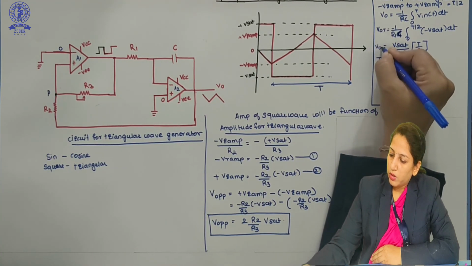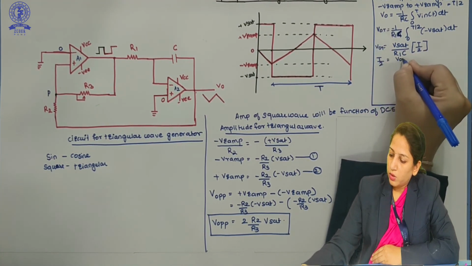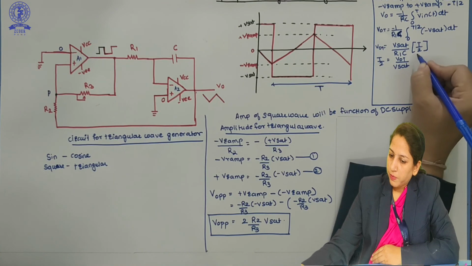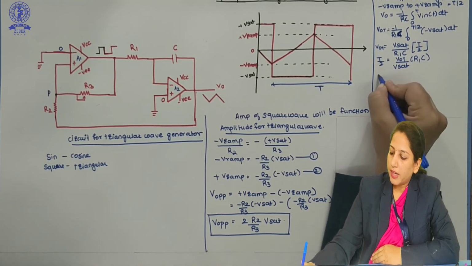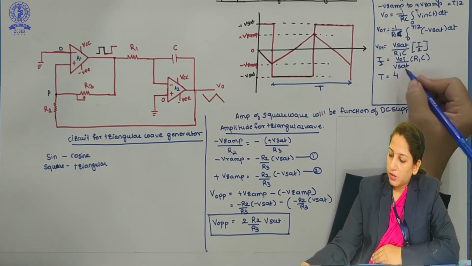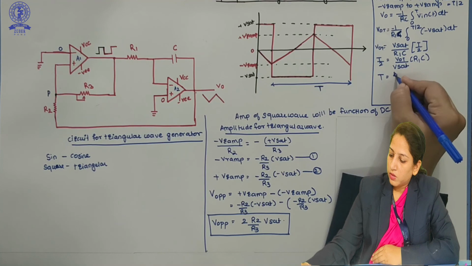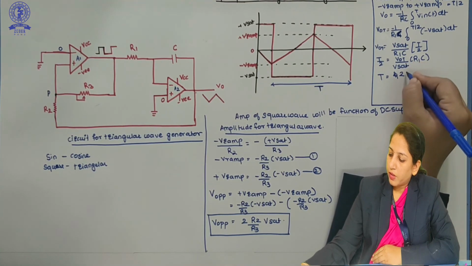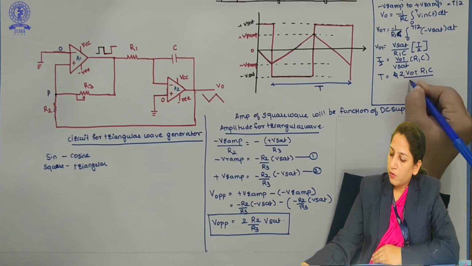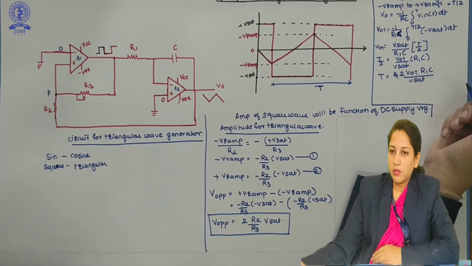Suppose this is V out. So V out is equal to V saturation upon R1 C times T by 2, so my time period will be equal to 2 into V out R1 C upon V saturation.